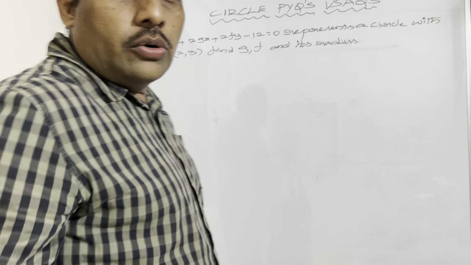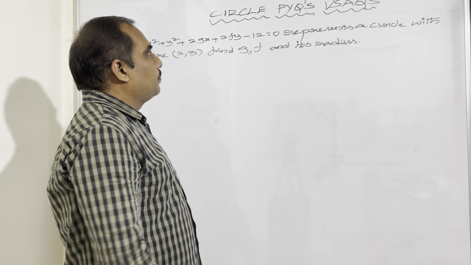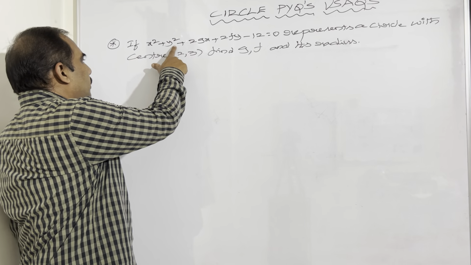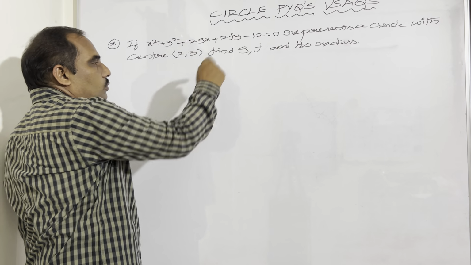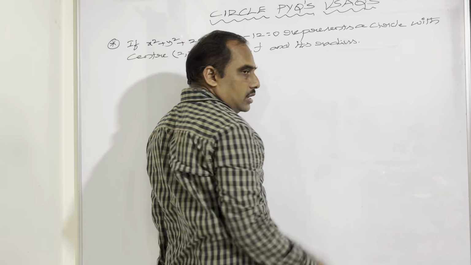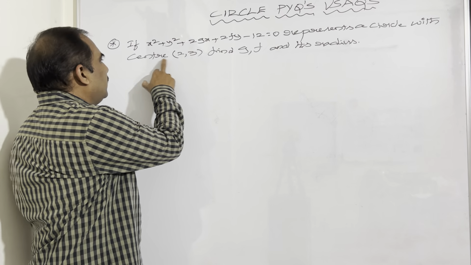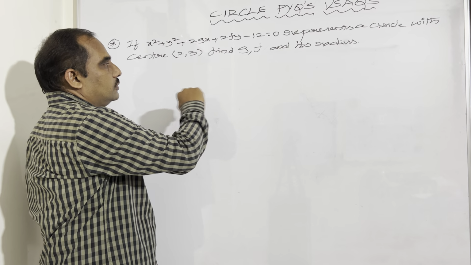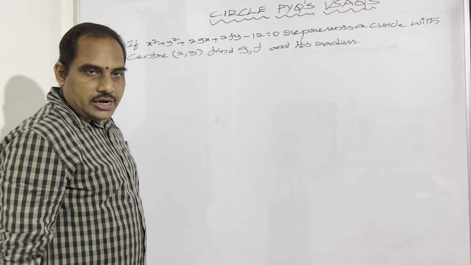In this video we are going to discuss circles, PYQs, VSAQs. The question is: if x² + y² + 2gx + 2fy − 12 = 0 represents a circle with center (2, 3), find the g and f values and also find its radius.